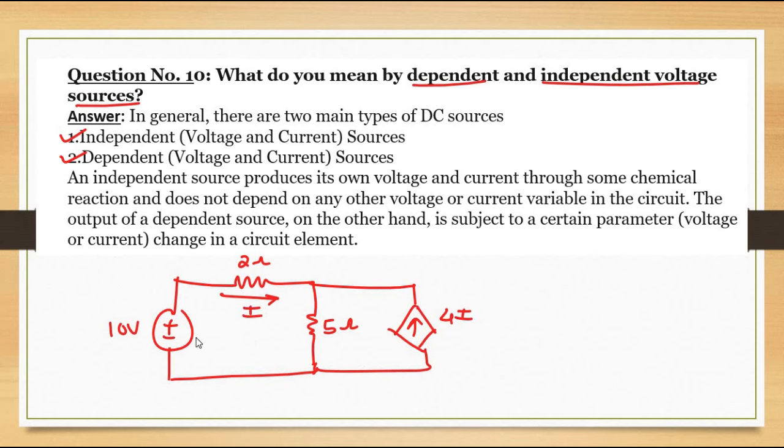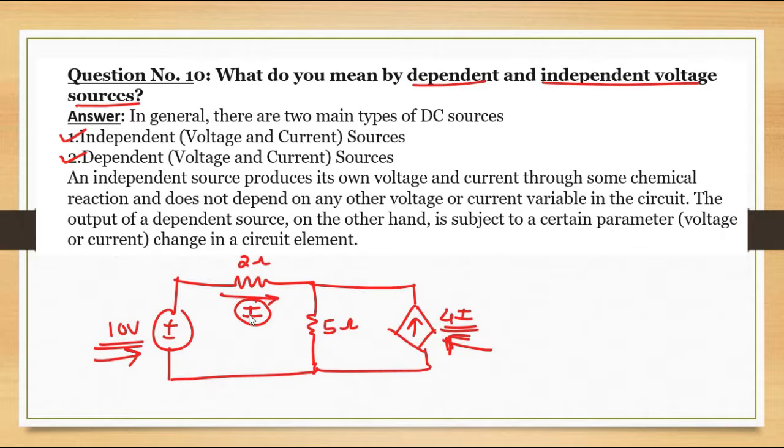Now you can see that in this circuit there is a voltage source and a current source, but this voltage source is an independent voltage source since it does not depend upon any of the circuit elements. It produces its own energy. But if you look at this element, this is our dependent source because the value of this current source depends upon the value of I flowing through this 2 ohm resistance.